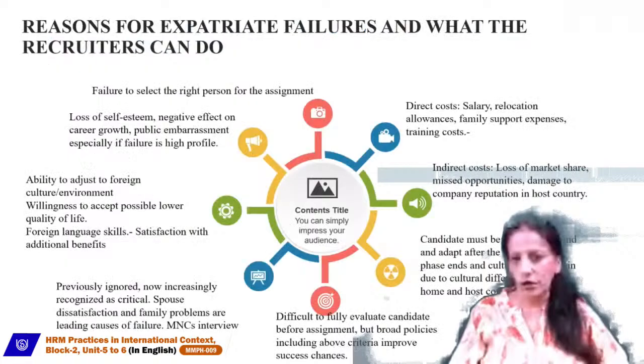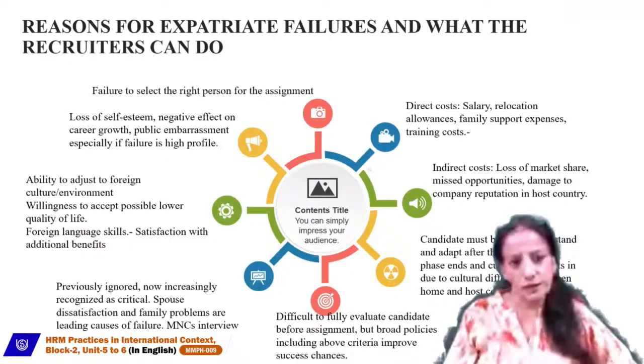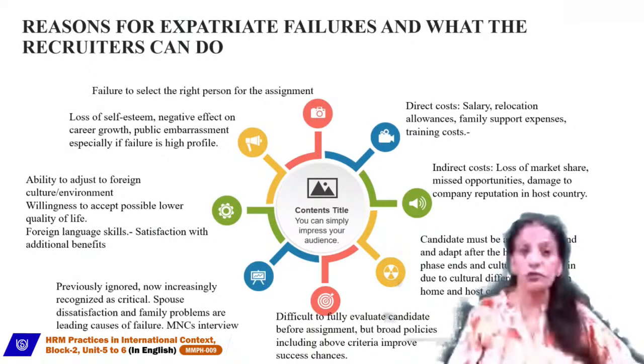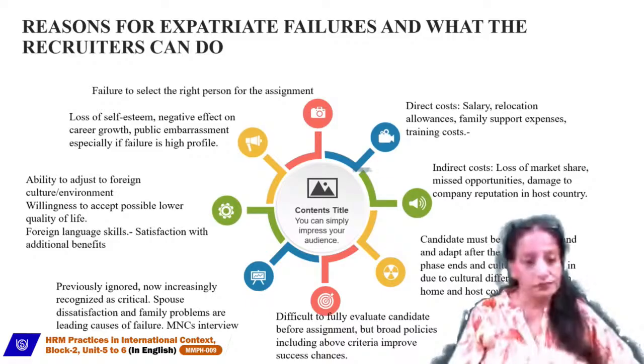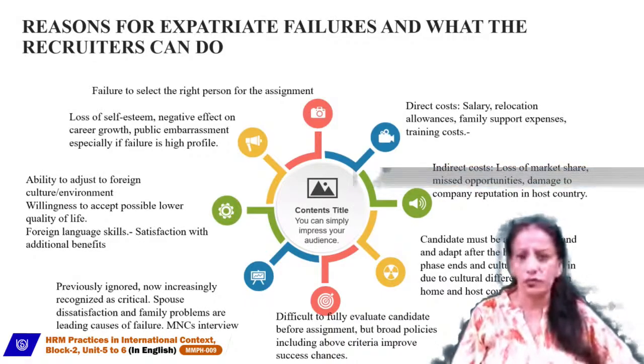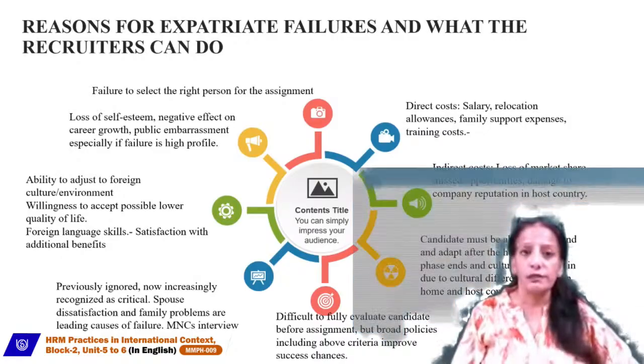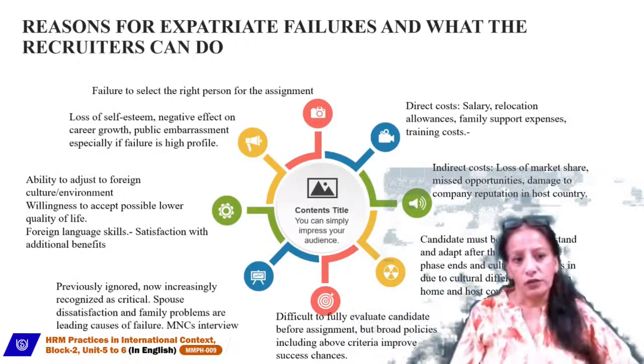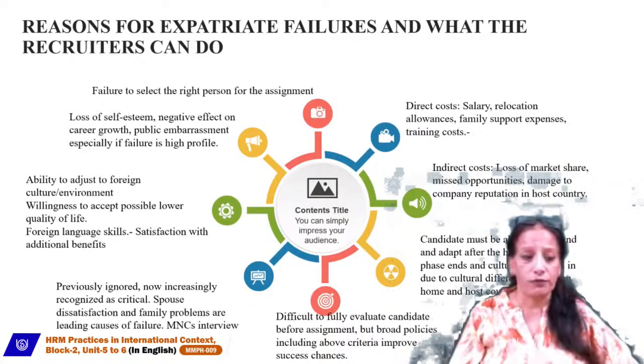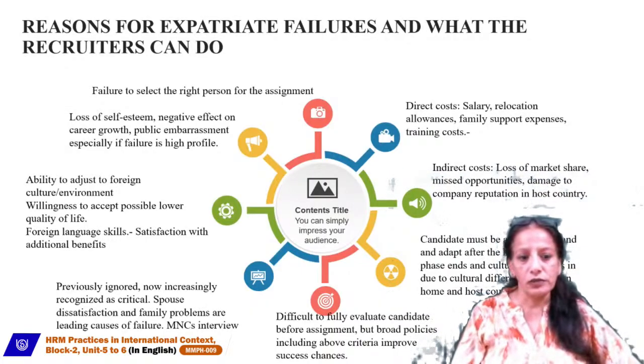So the reasons for expatriate failures are what the recruiters can look at. Failure to select the right person for the assignment, loss of esteem, they lose self-esteem, a negative effect on career growth, or public embarrassment sometimes happens if the failure is very high profile.